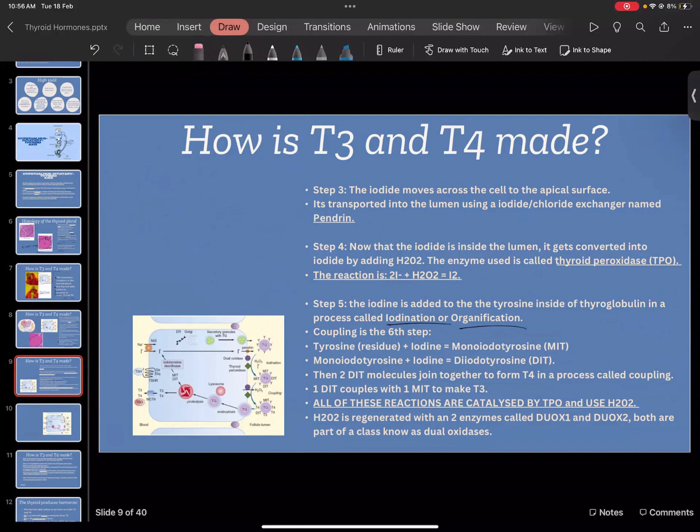So here we have the tyrosine plus 1 iodine, which will give us monoiodotyrosine, MIT. So if we add another iodine to monoiodotyrosine, it'll give us diiodotyrosine.